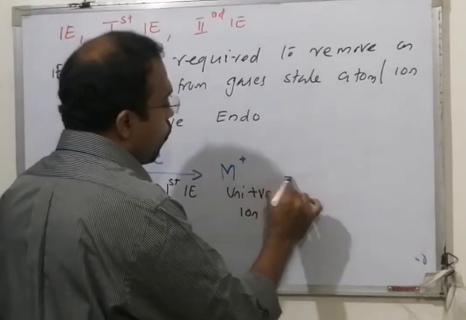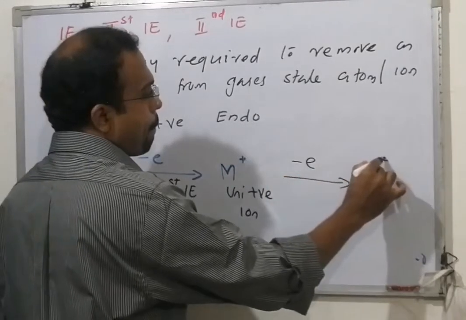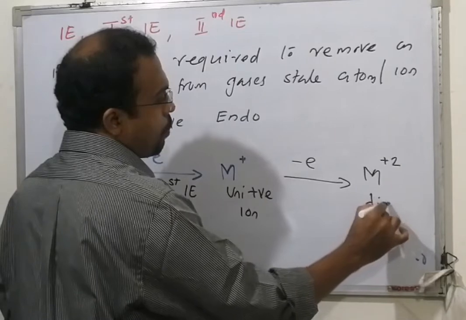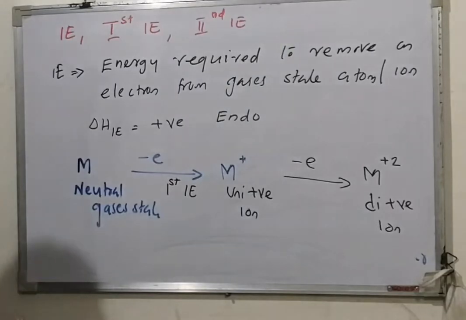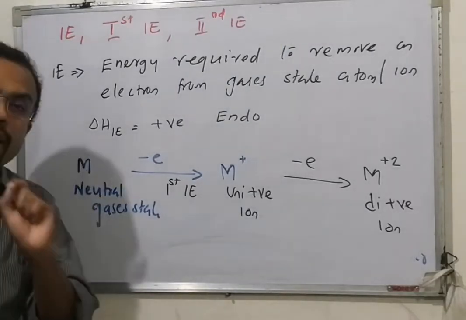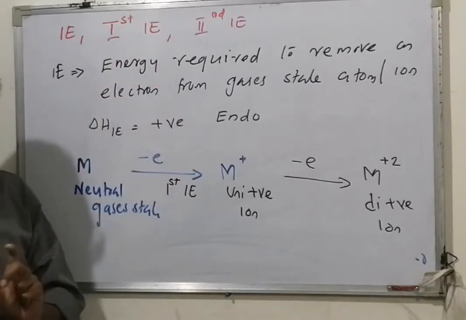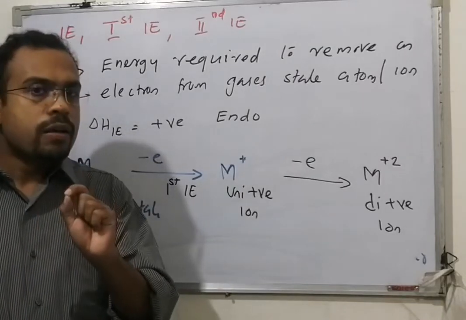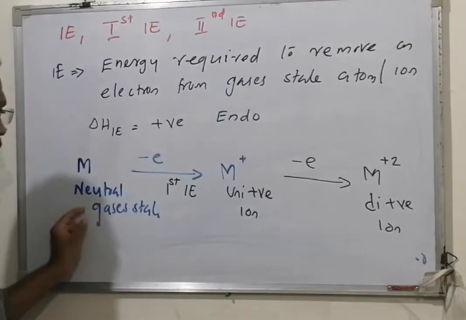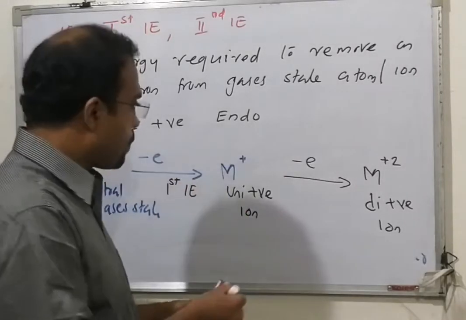Again you remove one more electron from here, you will get M 2 plus, di-positive ion. Therefore, first ionization energy is the energy required to remove an electron from a neutral gaseous atom. Agree?